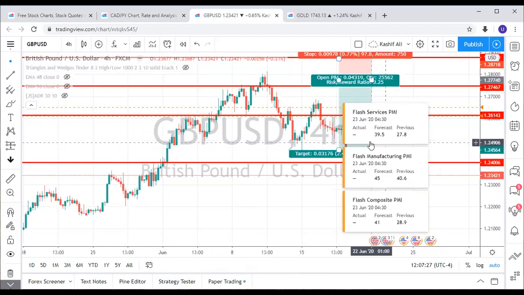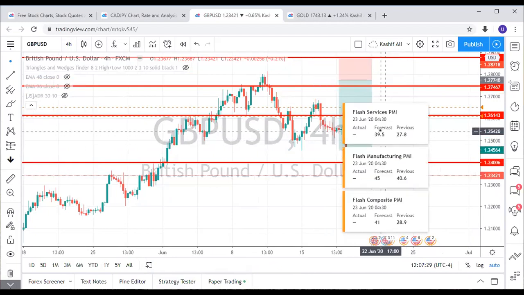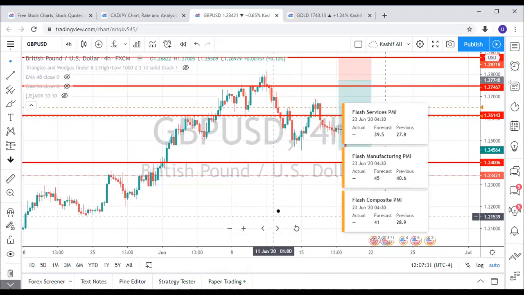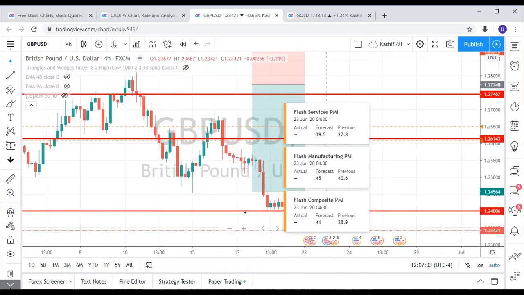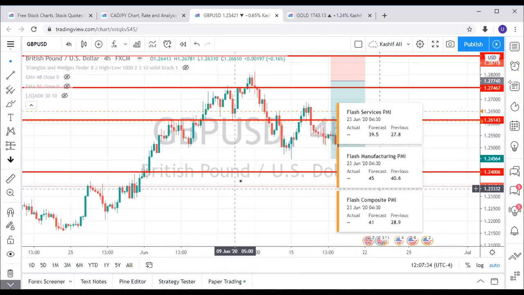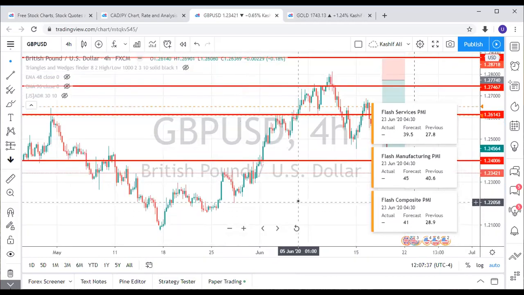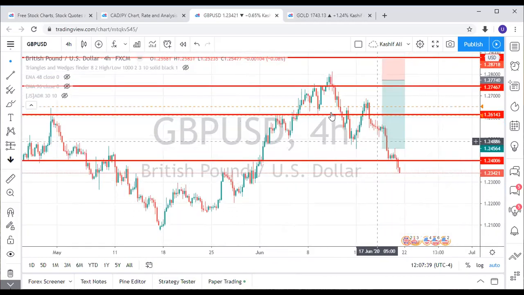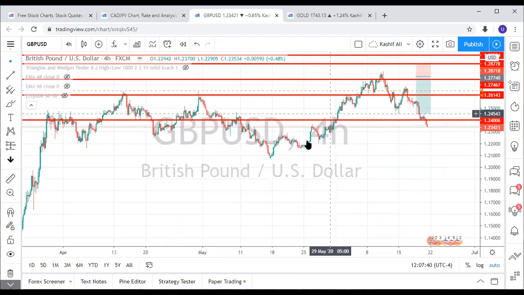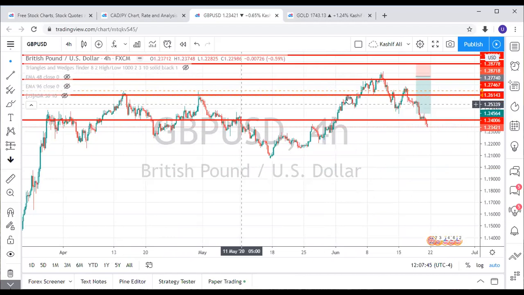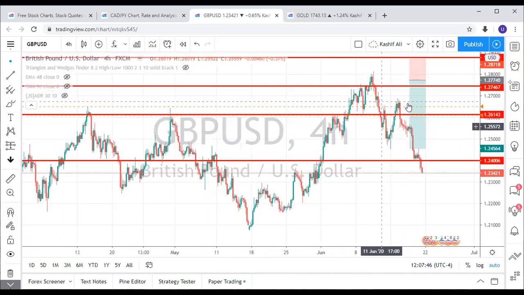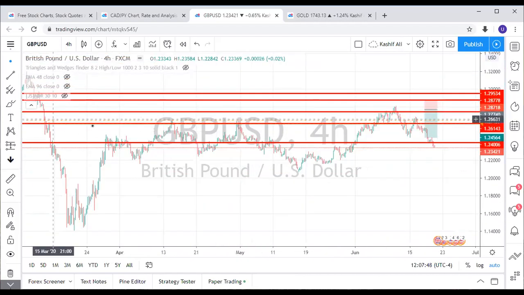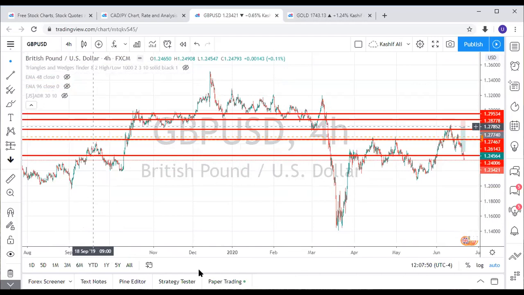Flash PMI is still very important. Manufacturing, and since you know that the British economy has shrunk by 20%, that is why there is a sell-off on GBP/USD. So there is a fundamental reason as well. And I made this key level here because from this level the market rejected several times, even if you look on the left side of the structure.